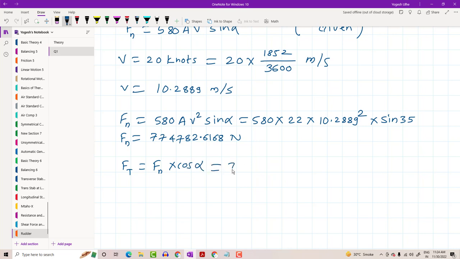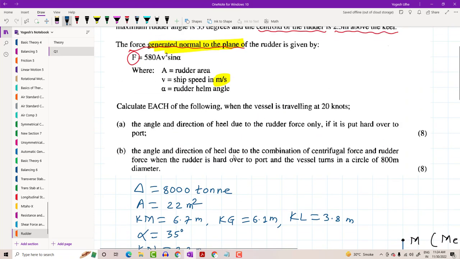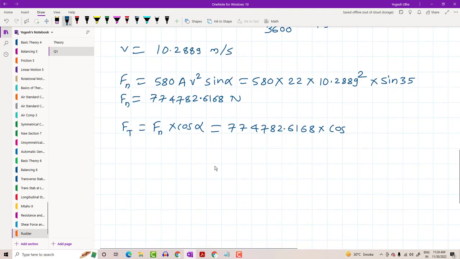Observe, Fn is 774782.6168. Cos alpha: how much alpha have they given us? 35 degrees. So cos 35 degrees. Before going further, please do the calculation and tell me the value of tangential force Ft.